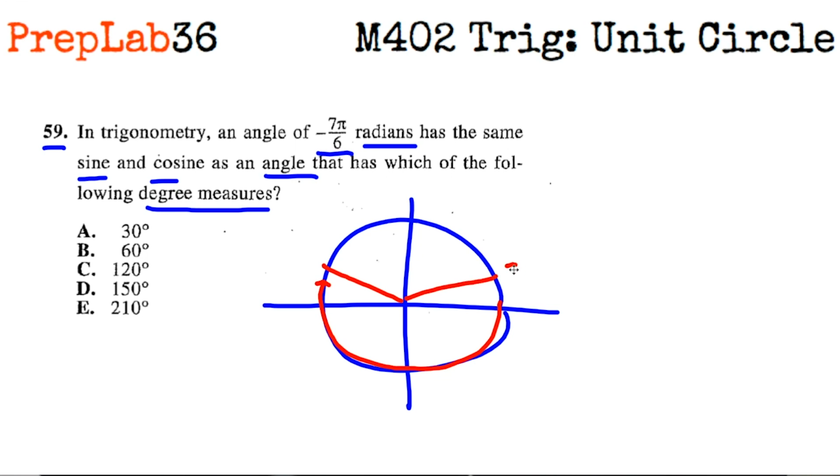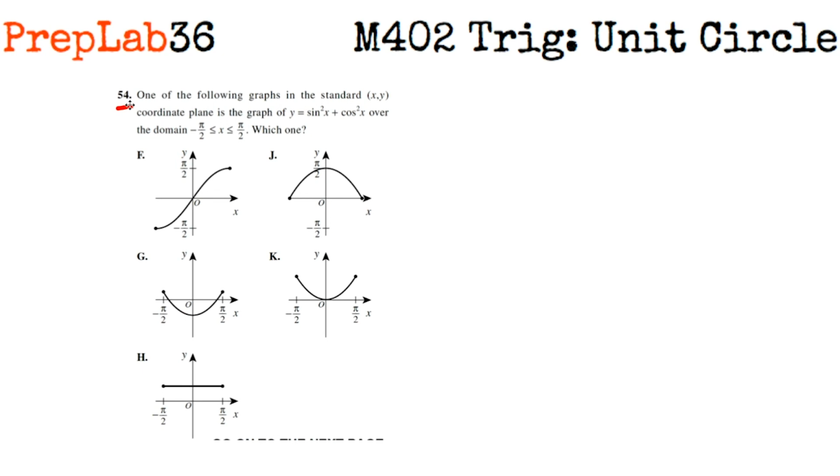Just like 30 degrees is pi over 6, 7/6 is right here. So this is 180 degrees minus 30, or 150. It's a really easy problem. If you just study a little bit of the unit circle, you'll be able to get a 59 correct in seconds.